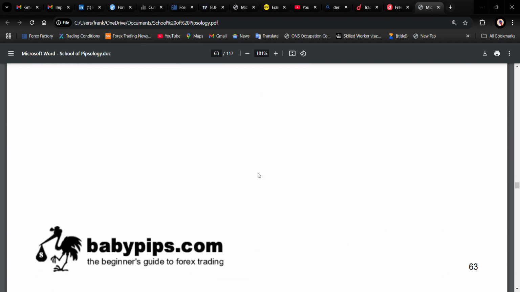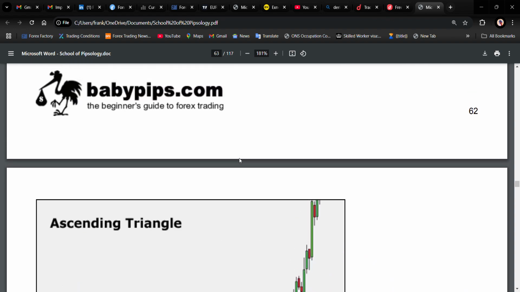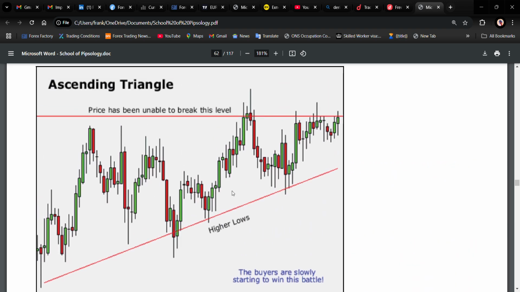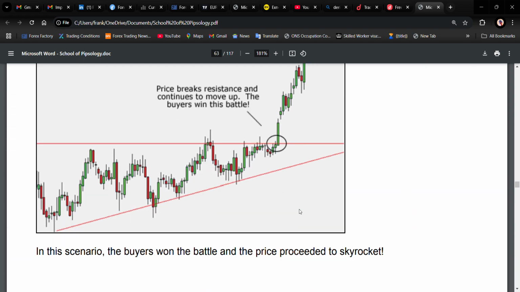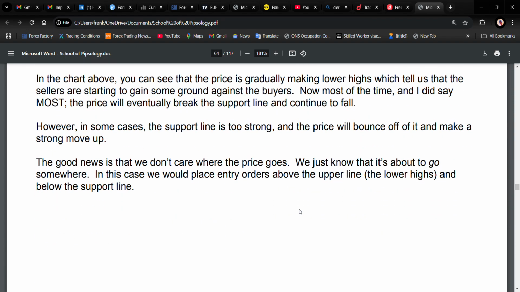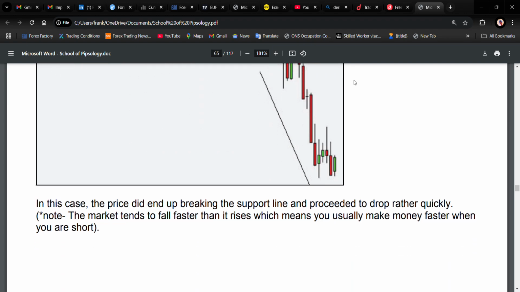This is the high lows. The descending is regarded as the high lows. This is the descending, and eventually the breakout comes out from what? From the support zone. Look at it. Finally, price breaks out of support, the sellers win the battle.